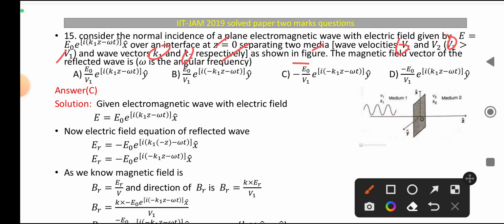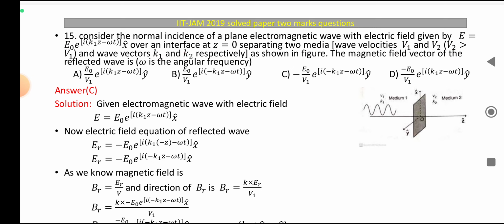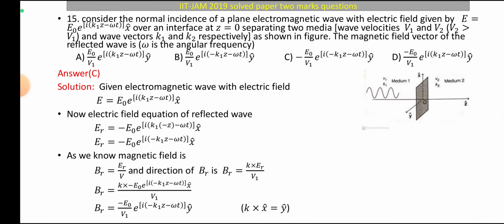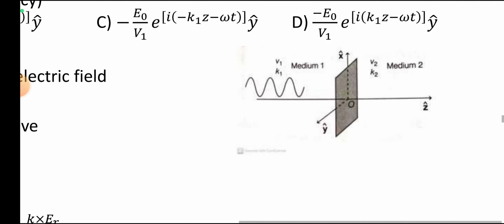As shown in the figure, the magnetic field vector of the reflected wave is what we have to calculate here. See the diagram also given in the question.